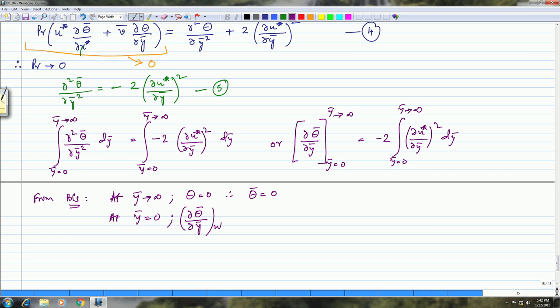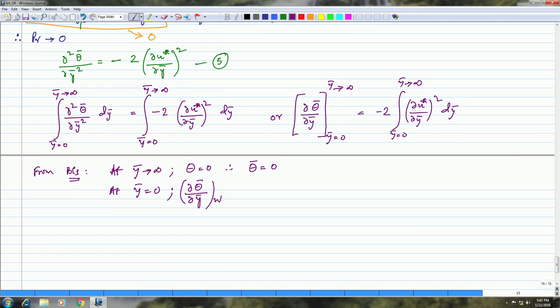So we are going to find that out. If I do that, the left hand side becomes, at infinity, 0. So I get 0 minus the value at the wall is equal to minus 2 times the integral.